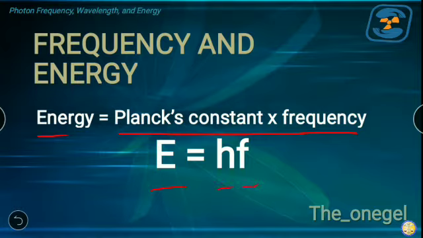Again, in our lesson for this module, we will use 4.15 times 10 raised to the negative 15 electron volt second. Converting electron volt into joule is a discussion in the following module.